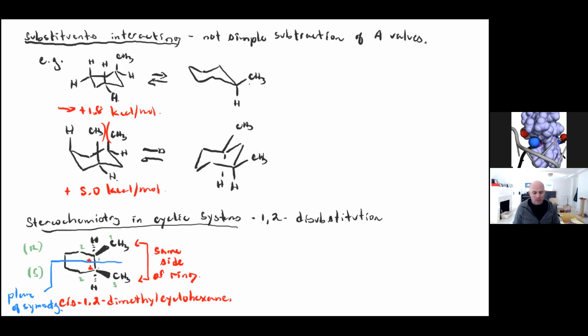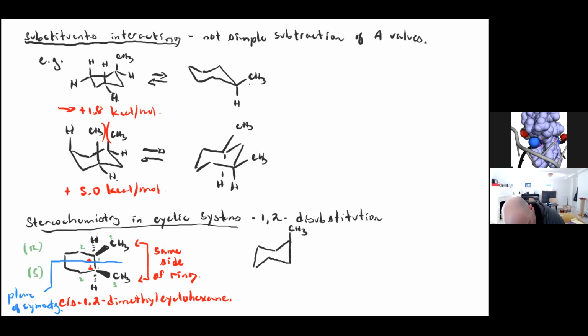It's not flat, right? So we want to draw the chair conformers. And this is where it can get to be a little bit misleading. So if I draw a chair conformer, and again, I'm going to start arbitrarily with one conformer, I'm going to maintain the same absolute configuration.